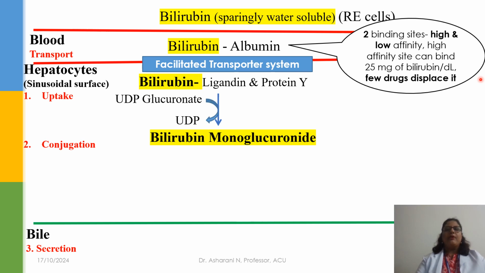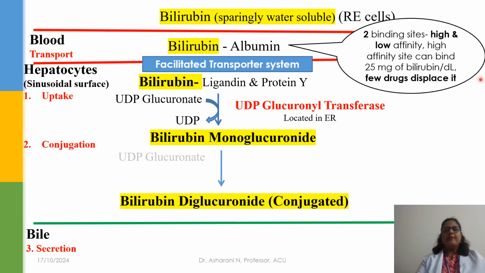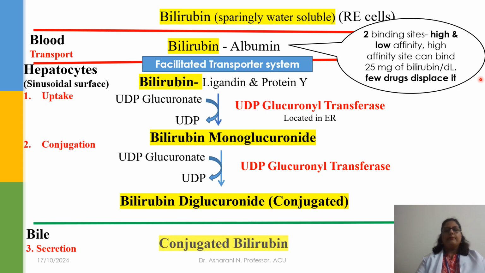So first it forms bilirubin monoglucuronide, and after the second conjugation by the same enzyme, it becomes bilirubin diglucuronide. So bilirubin diglucuronide is the conjugated form of bilirubin. This UDP glucuronyl transferase is located in the ER.